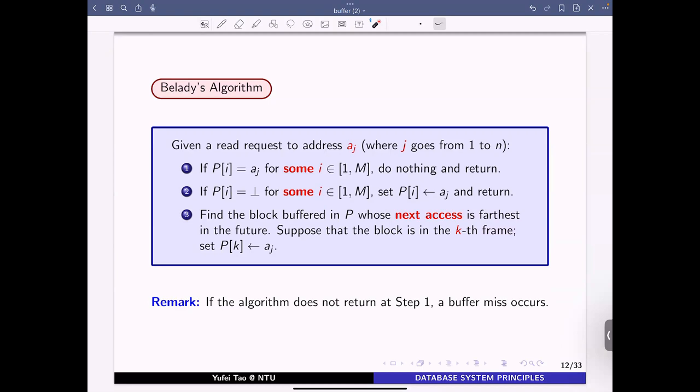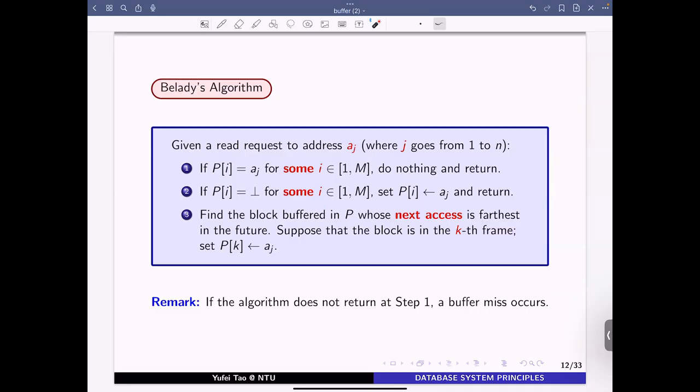Well, as I said, Belady's algorithm is a greedy algorithm. It simply says, you look into the future. You look at the next access of each frame, the next access, not the past access, the future access for every frame. Which frame will be accessed the latest, the farthest into the future?